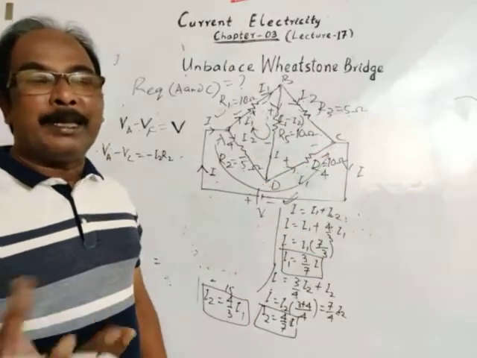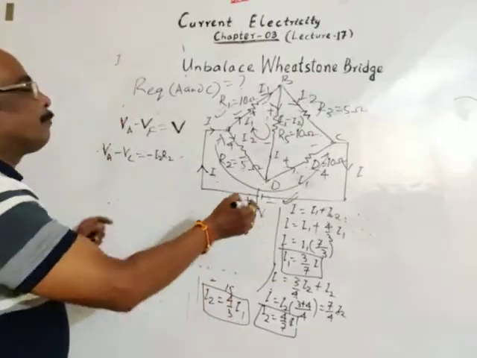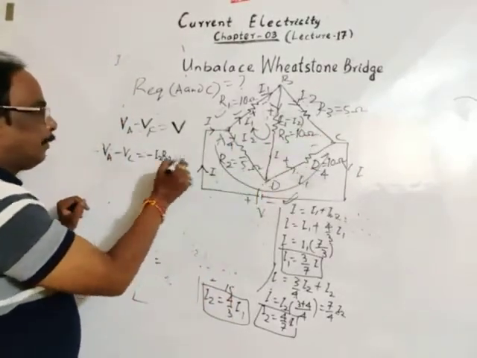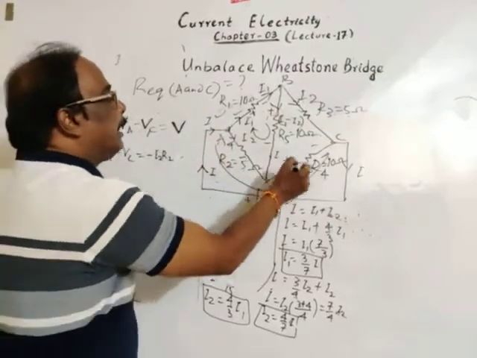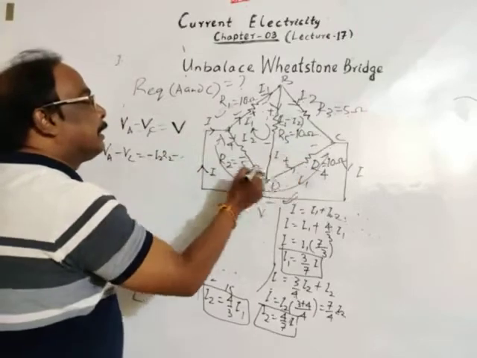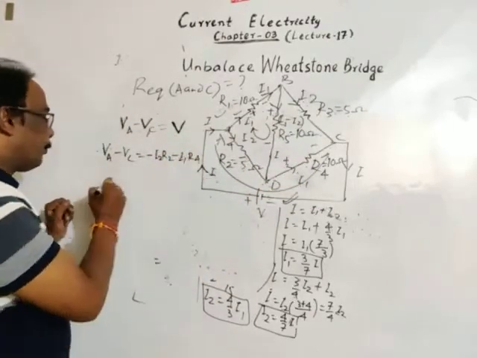So we have taken positive and negative, high and low potential. Okay. Then from D to C, minus current is I1, resistance is R4.